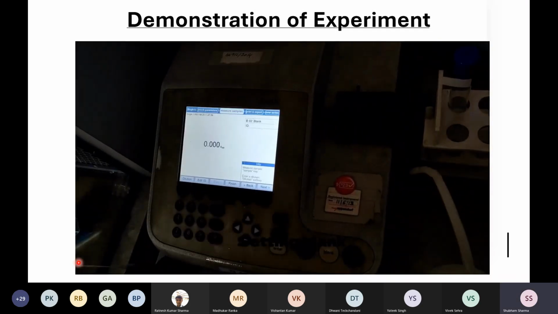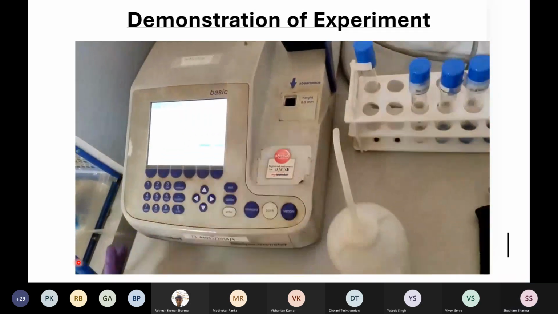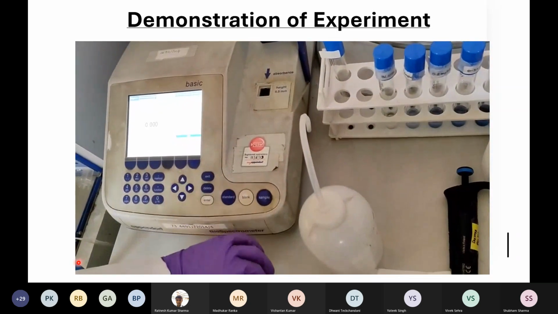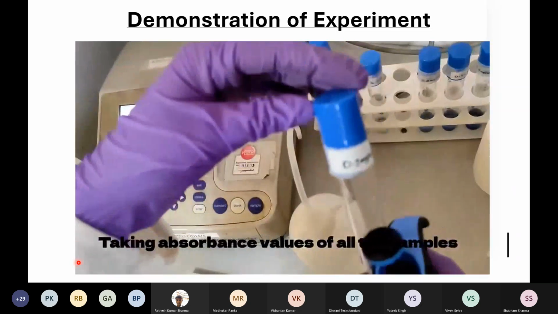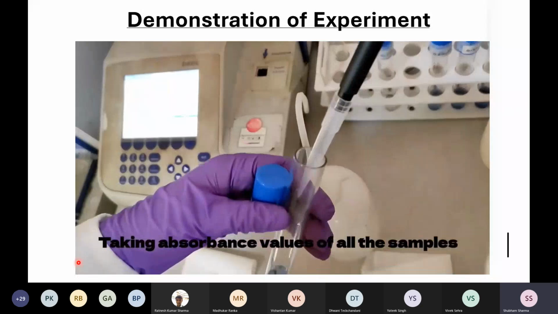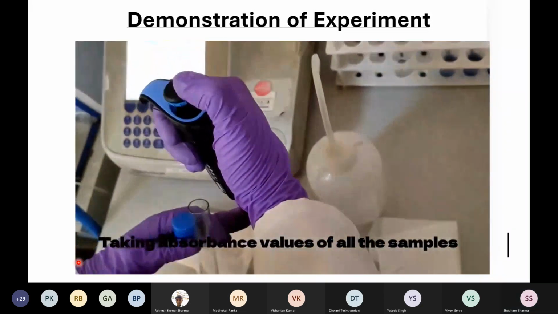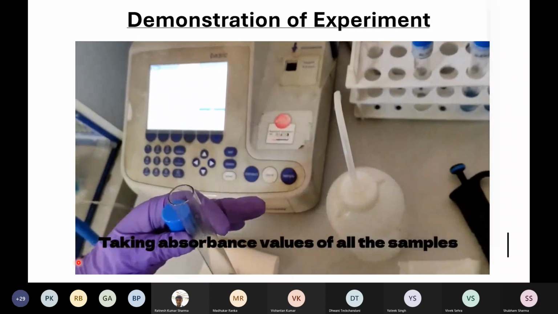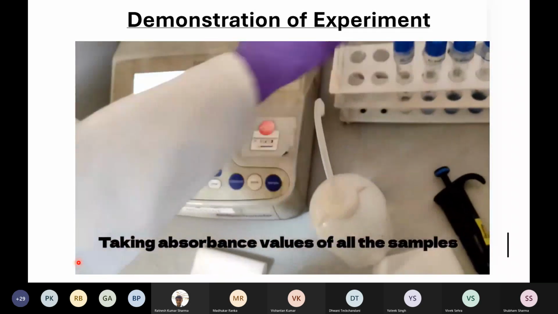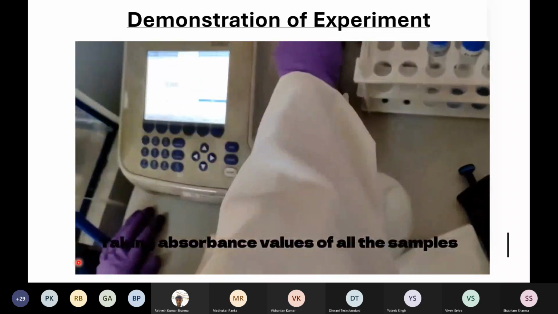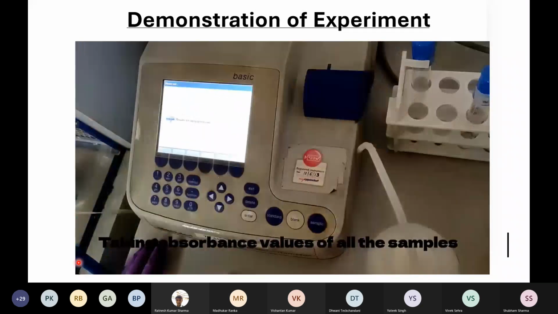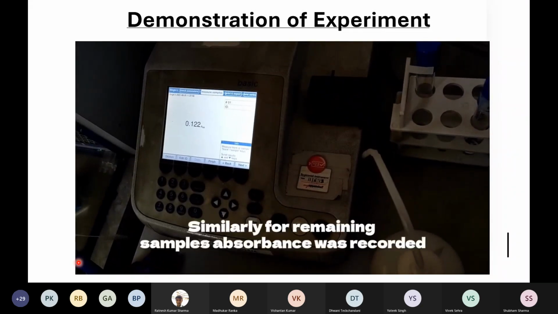We set the blank's absorbance at 0. After that, we take the individual standard concentrations and note their absorbances. Okay, so this is how we have performed the experiment.